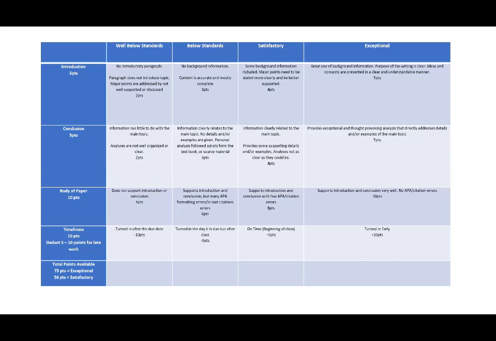So all you have to do is figure out your grade, and I actually do put your grade on here. Like, do you get a 75% or a 92% or whatever it might be. So you're going to get a score out of 75 points total. So when it says turned in after the due date minus 10 points, it is still worth turning in because you're getting the other points that you've earned.